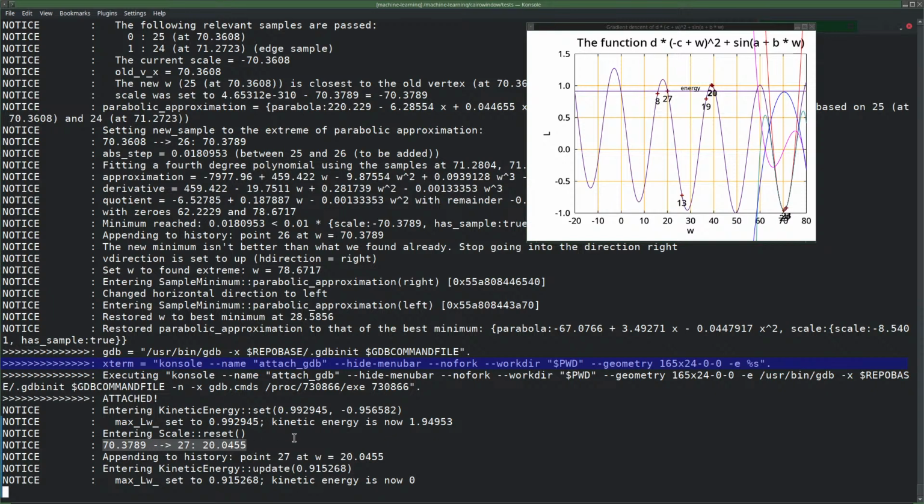It jumps to 27, yeah. Why not to this point? Maybe we should look in the debugger.